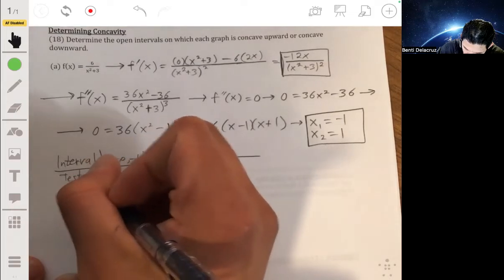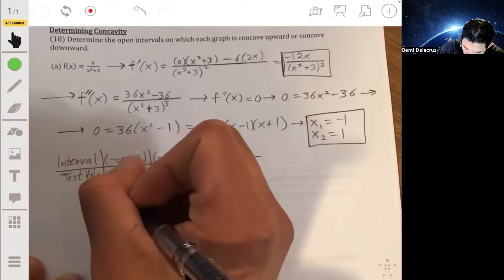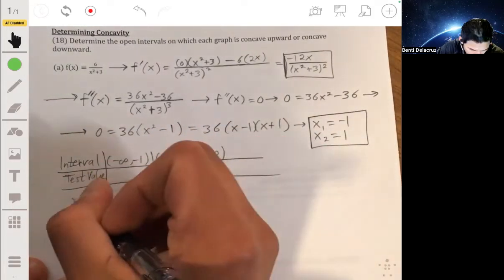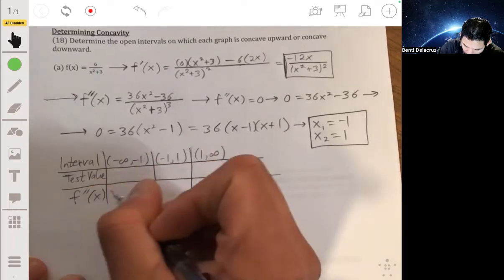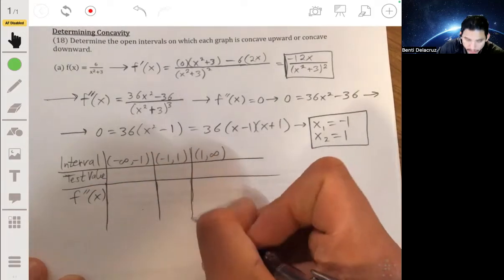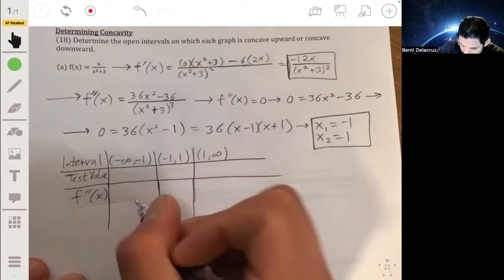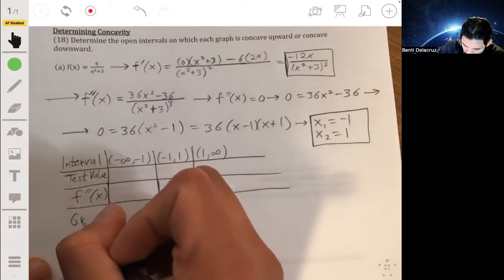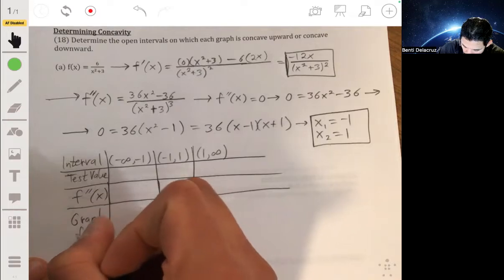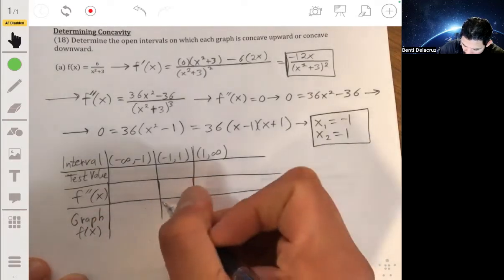Those intervals. Figure out what's going on with the second derivative, and draw a little sketch of what the graph of f of x is doing, what its behavior is.